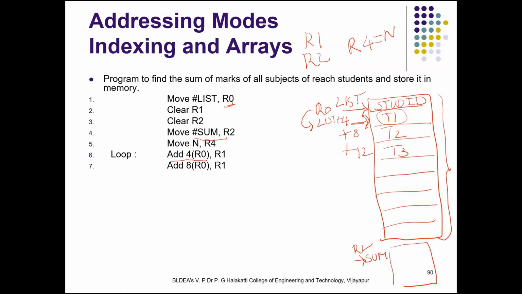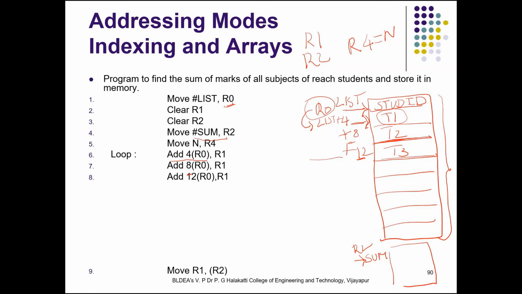Now I need test 2 marks. It is at location list plus 8. So here the offset is 8. So list plus 8 will give me the test marks of the next subject. Then if I need test marks 3, I have to add 12 to the content of R0, so that I will get the location of test 3 marks.